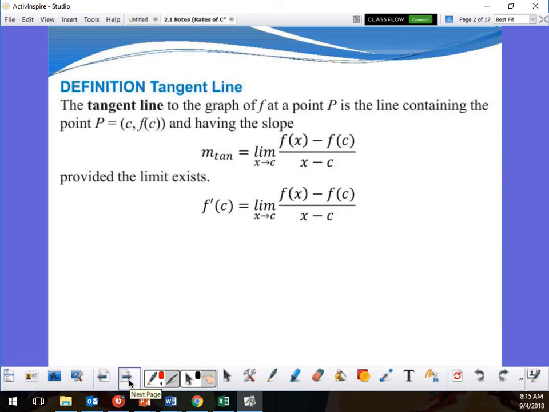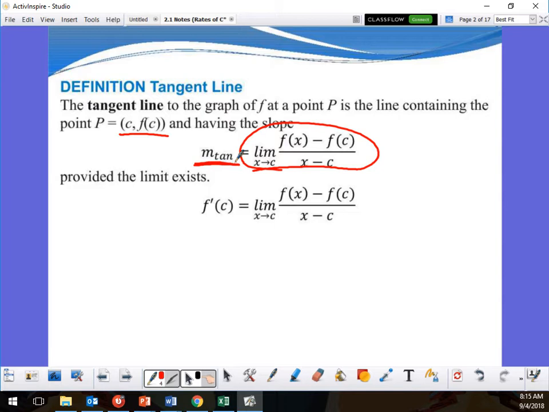So, tangent line to the graph at point P. Right here, having the slope. Basically I'm using this formula, the limit process, to find the slope. Remember, m stands for slope in my equation y equals mx plus b.